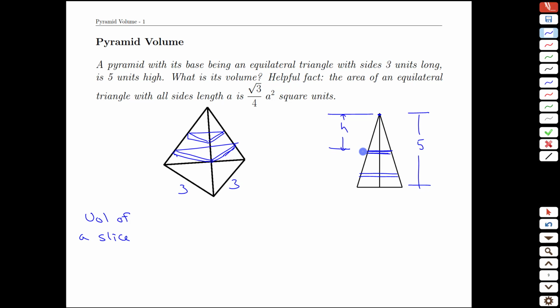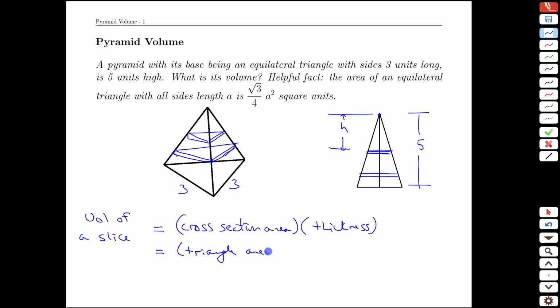If we do that, then if we take a look back at the 3D picture, the volume of the slice is going to equal the cross-sectional area times the thickness. This is our generic volume calculation for anything that has the same shape on the top and the bottom and just has a third dimension defined by a thickness. But that cross-sectional area is going to be the area of a triangle.